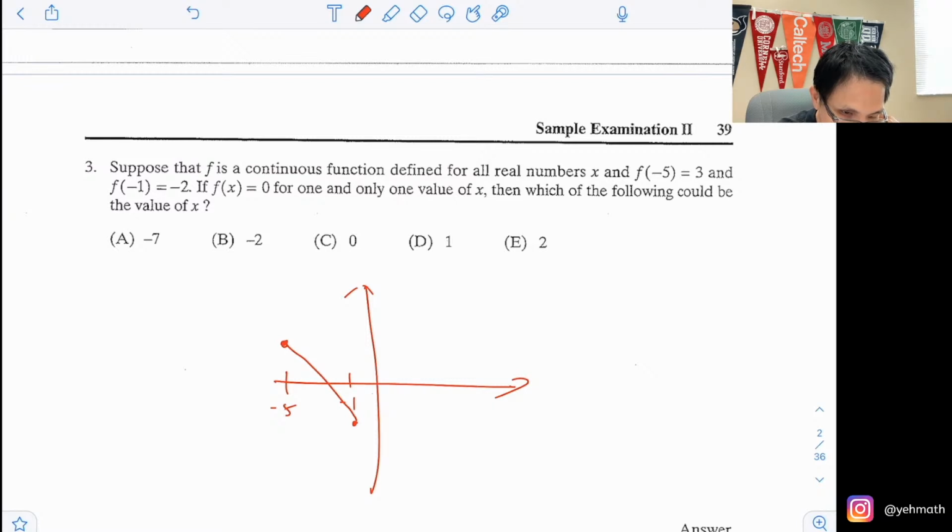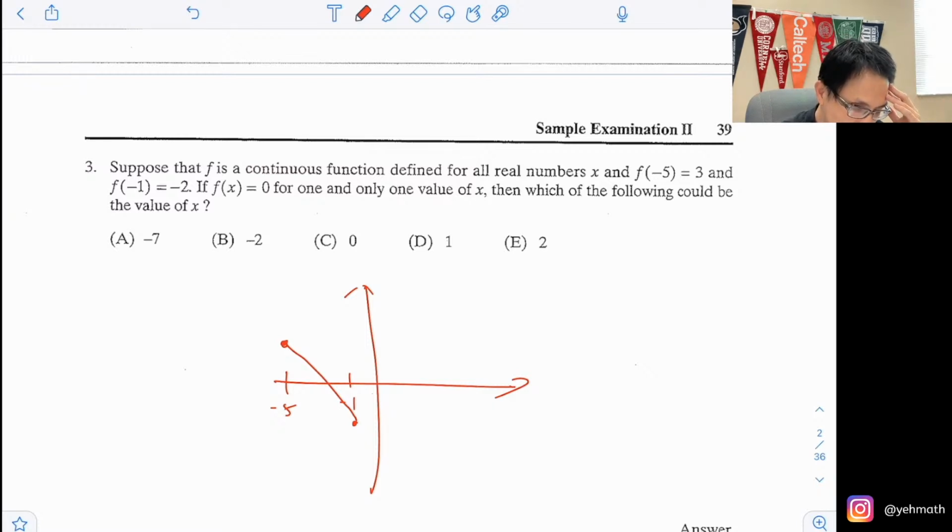And if f of x is equal to 0 for one and only one value of x, which of the following could be it? So which kind of theorem is this asking? Not mean value. Intermediate value. Remember the water bottle situation?